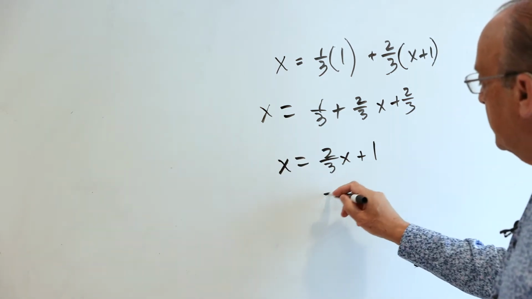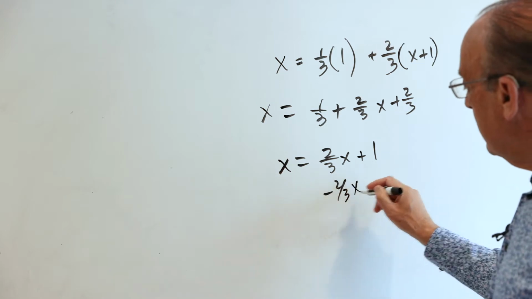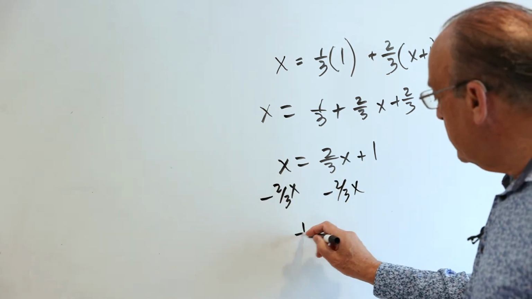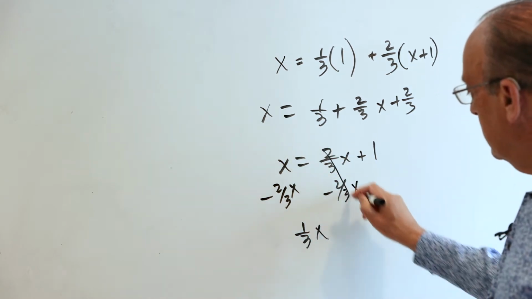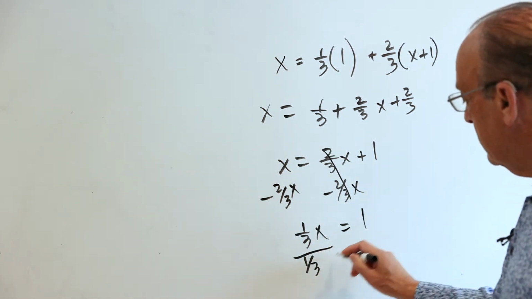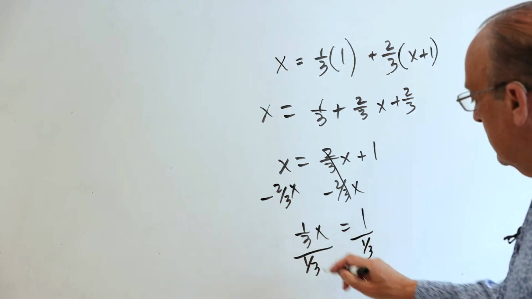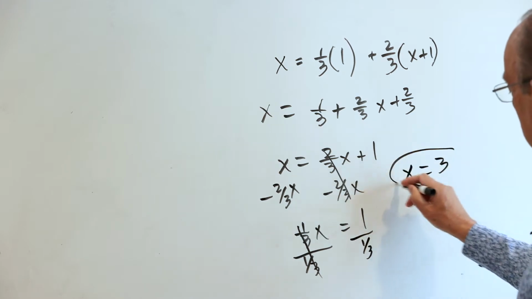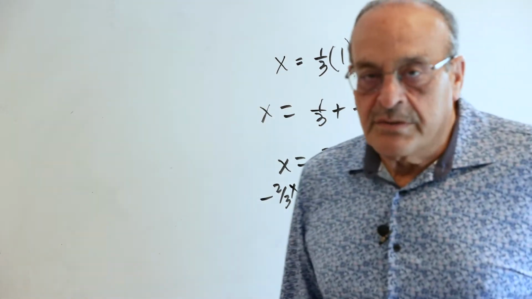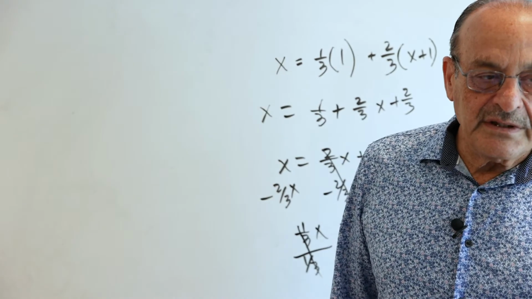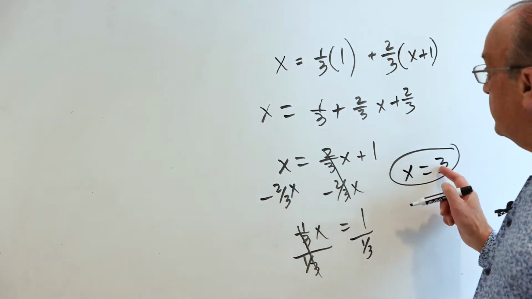Then subtract 2/3 x from both sides, and you get 1/3 x equals 1. Then divide both sides by 1/3, and x equals 3. So that's a quick, easy calculation for finding that the expected value is 3.